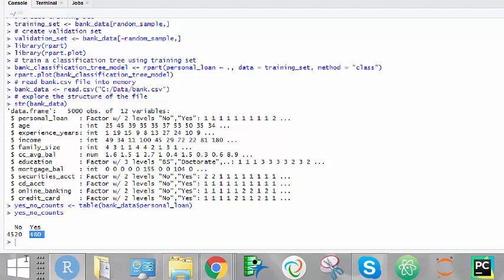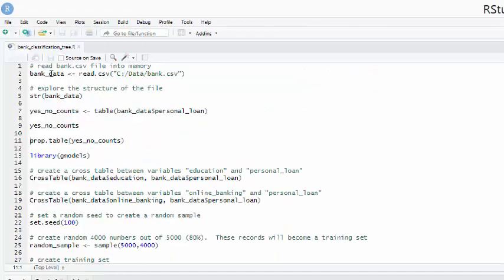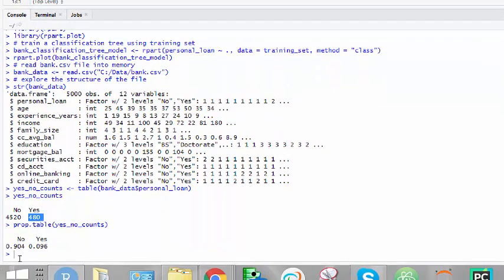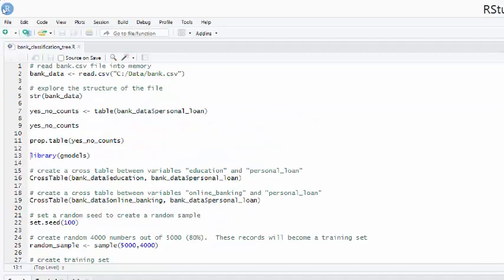And only 480 people somehow applied for the loan or contacted the bank, something happened, okay? And in proportions, with the next line, prop table, that means that 9.6%, close to 10% of customers did something with this offer, and the majority, over 90%, basically threw it in the garbage, right?